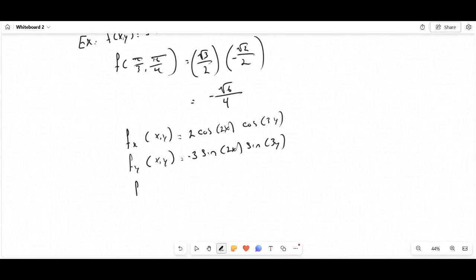I've got to evaluate these functions at the point I was given, so I can know what the slopes are at that exact point, not elsewhere. If you plug in pi over 3 up here, now it's cosine of 2 pi over 3. That's the smaller one, so that's 1/2.